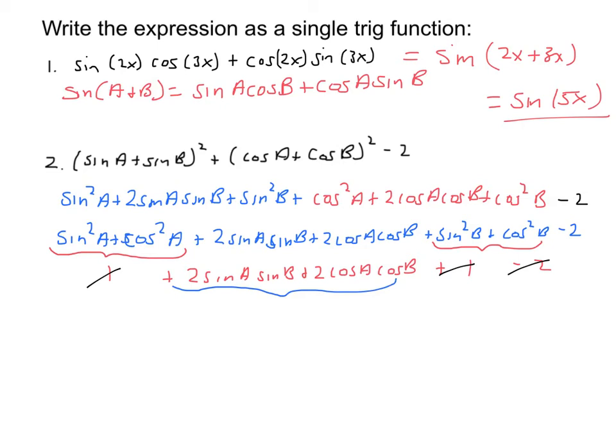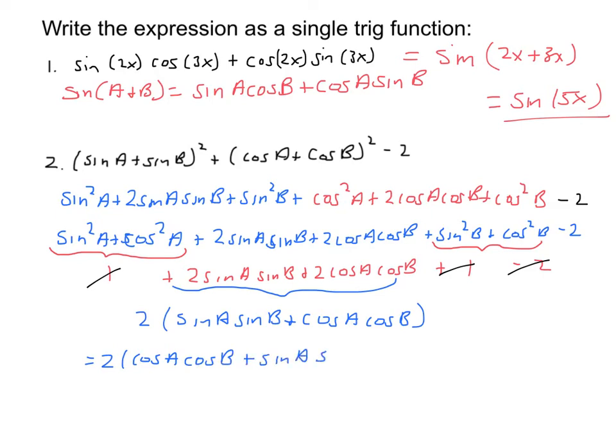And so, this is now what I have right here. I can pull out a factor of 2, and I'll get sine of A, sine of B plus cosine A, cosine B. Or if I want, because it's addition, I can change the order to make it look more familiar: 2 times the cosine of A, cosine of B plus sine of A, sine of B. That looks like the cosine difference formula.